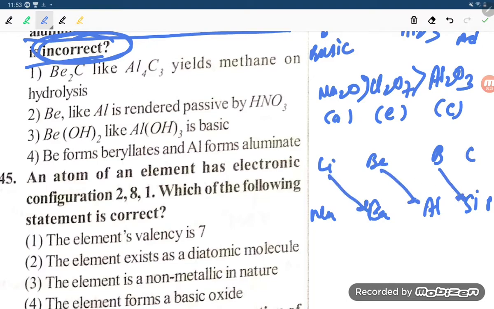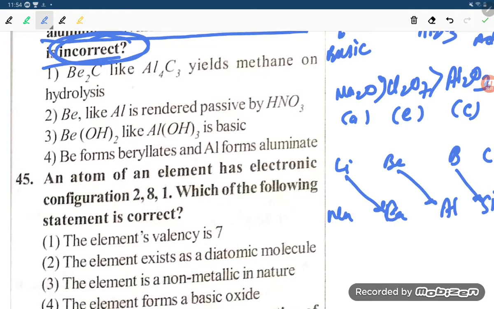Be2C like Al4C3, yields methane on hydrolysis. Correct option. Be like Al, rendered passive. Correct option. Be(OH)2 like Al(OH)3, basic? No, student, this is amphoteric.